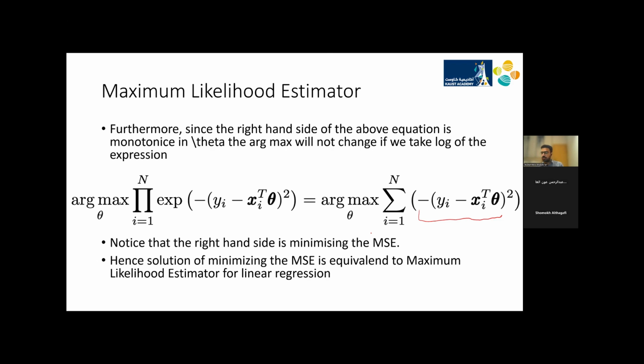So the whole point of this was to show that whatever closed form we had with the mean squared error is actually inspired from this maximum likelihood estimation, or they both are actually the same thing.